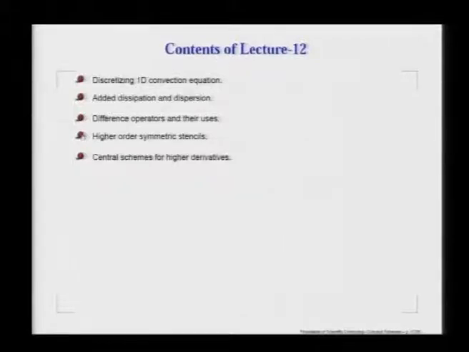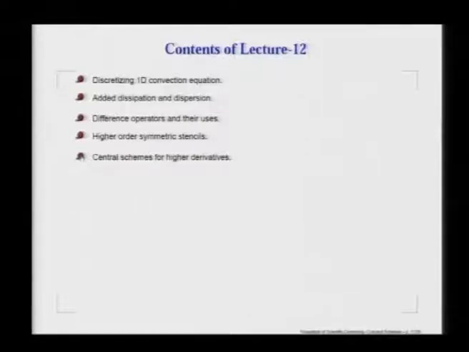So, we require accuracy, and the accuracy would be somewhat related to higher order for explicit schemes, and such schemes, when they are performed in a central manner, do not always function well, and that requires that we use an asymmetric stencil, and this is what we talked about as upwinding in the last lecture.